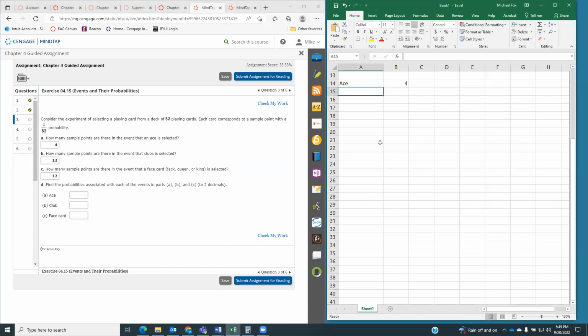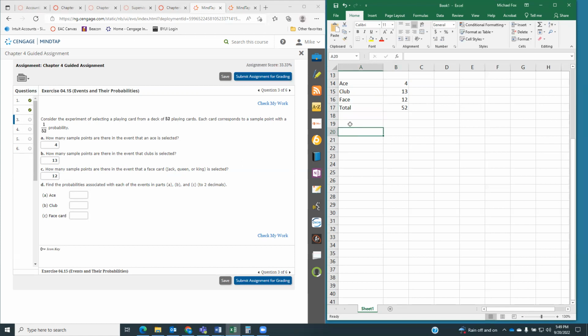So now they want us to find the probability associated with each of these events. So let's see, I did ace, I'll do club, and we said there were 13 of those, and face card, and we said there are 12 of those. Total cards in a deck is 52.